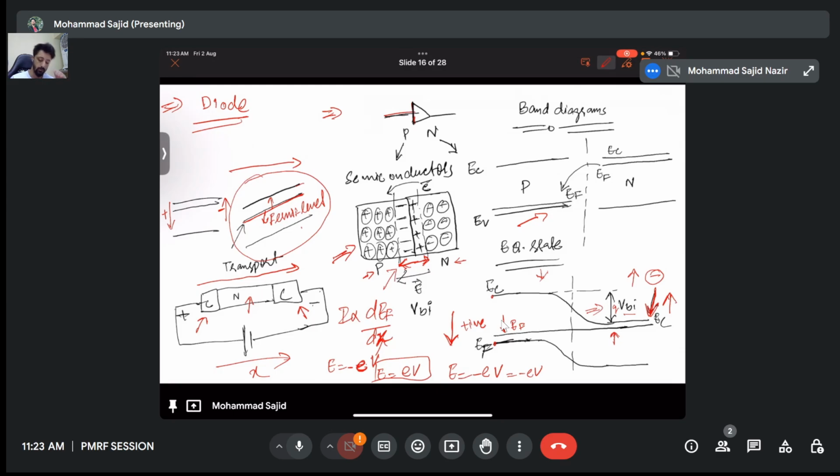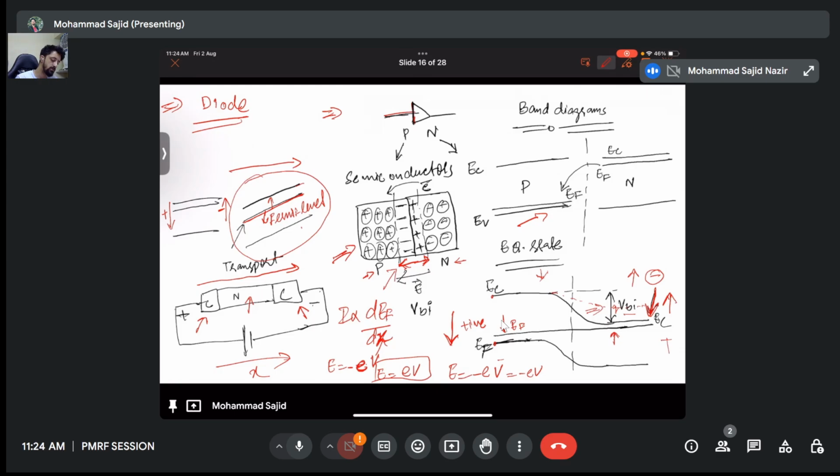So equivalently, we can say that this potential difference QVBI decreases, so it may now be lesser. That is what happens in forward bias, and reverse bias is the opposite because we have positive potential here and negative here, so there is an increase in potential.